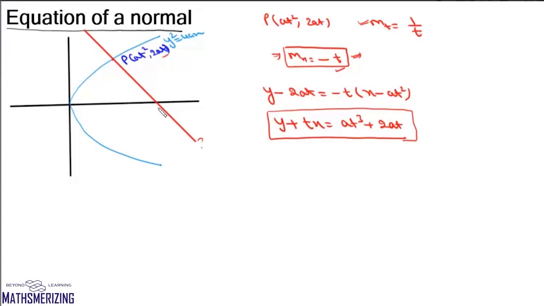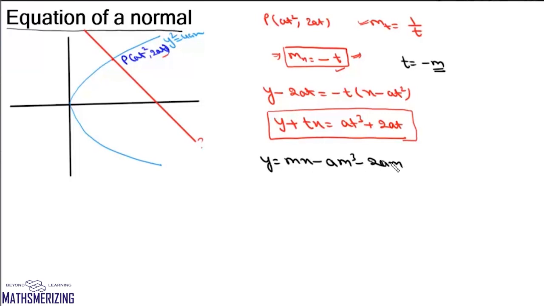Now we can also write this equation in terms of slope. So we know that t equals minus m, where m is the slope of normal. So we'll replace t with minus m. We can write this equation as y equals mx minus am cube minus 2am.